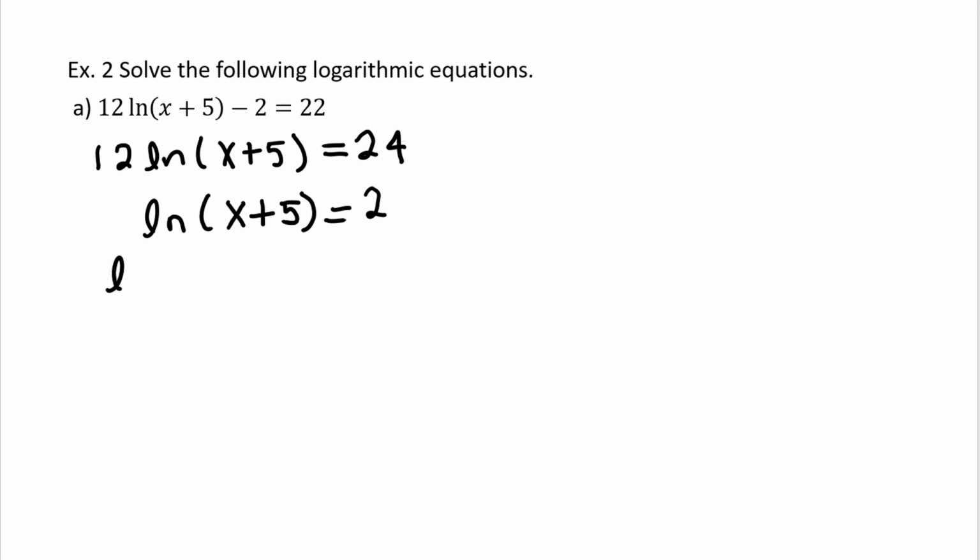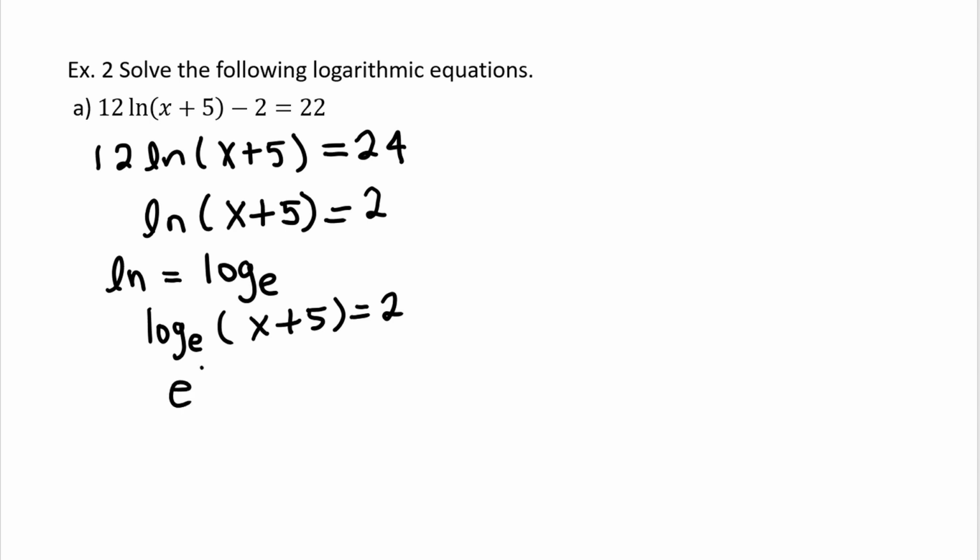Just a quick reminder, the natural log is exactly the same thing as log to the base e. So if you have log to the base e of the quantity x plus 5 equals 2, we can rewrite this in strict exponential form, and we would get e squared equals x plus 5.